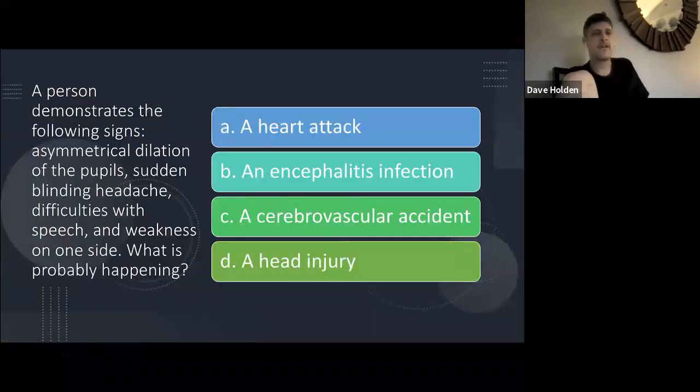A person demonstrates the following signs. They have asymmetrical dilation of the pupils, so one is dilated and the other is not. Sudden blinding headache, difficulties with speech, weakness on one side. Which of these is probably happening? C again?